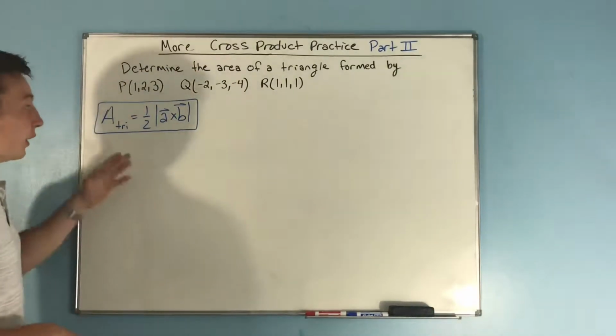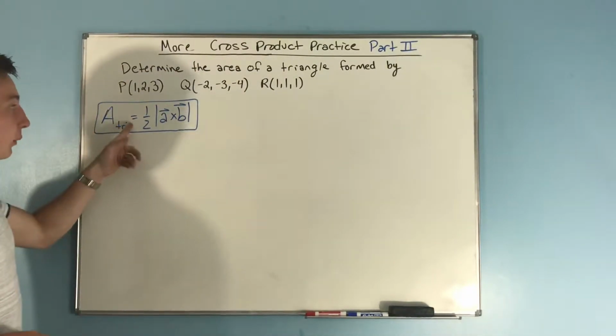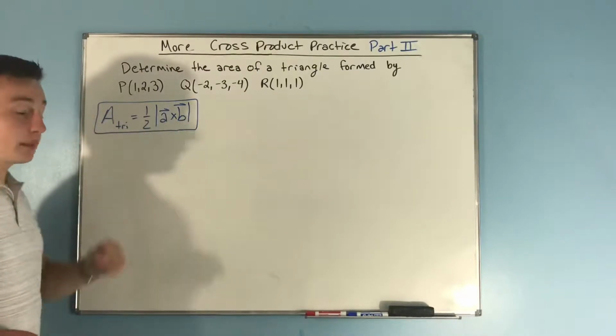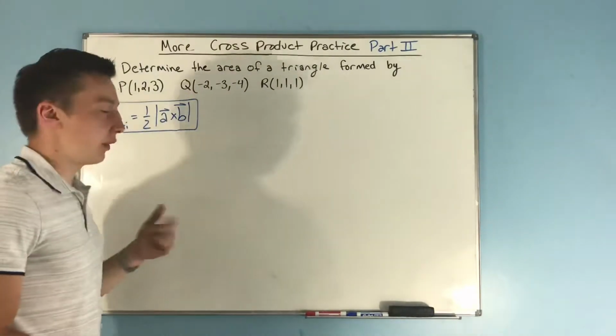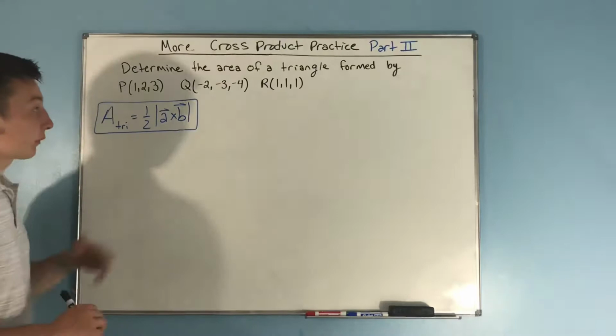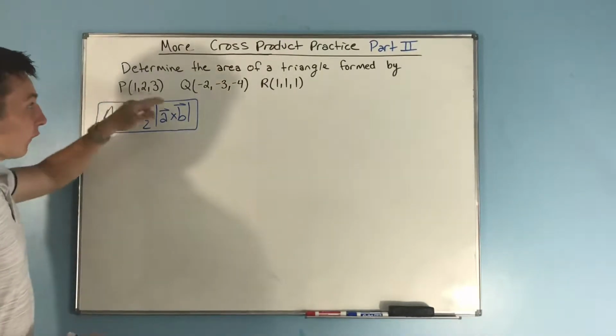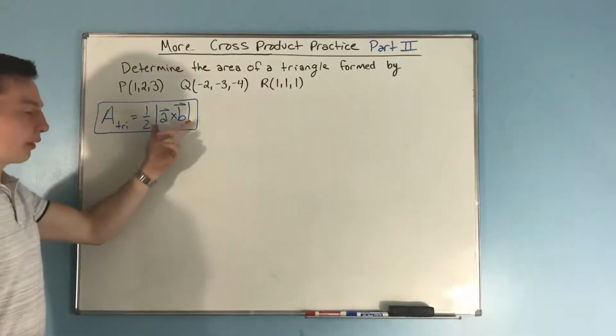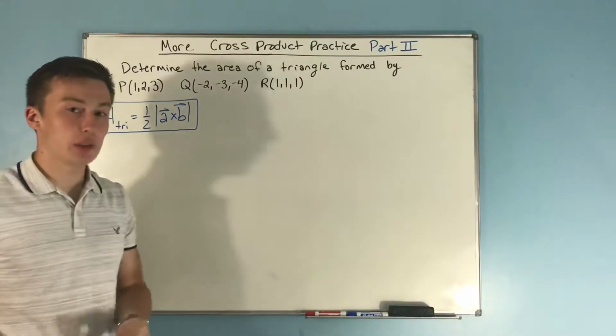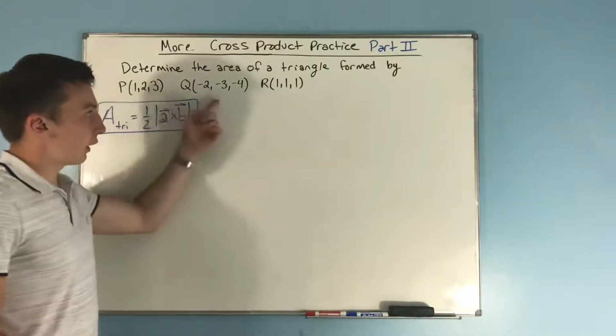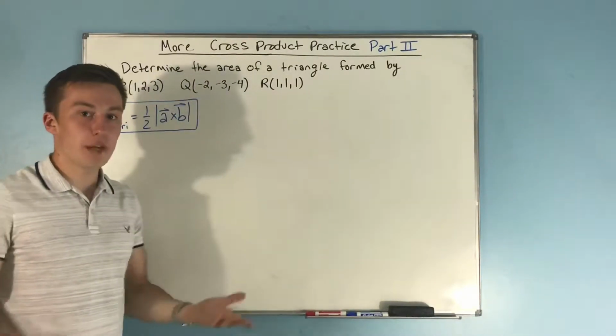We need to remember that the area of a triangle is equal to 1/2 times the magnitude of the cross product. With the cross product, we're talking about vectors. So we have 3 points here, and we need to find 2 vectors out of that.